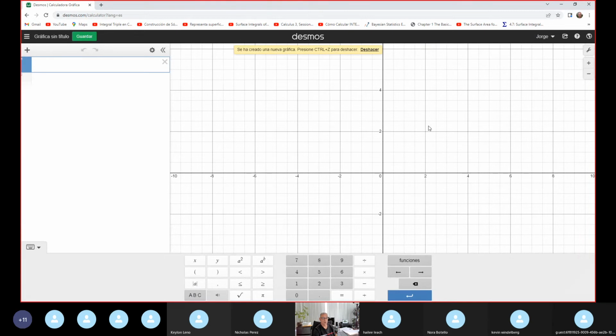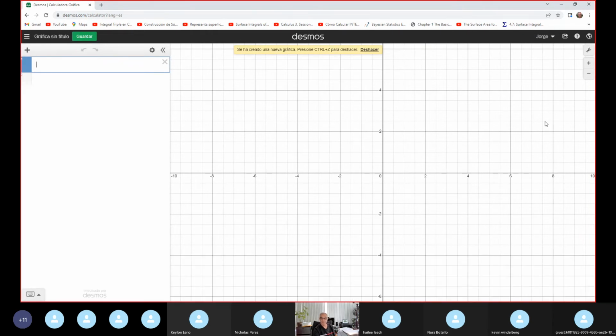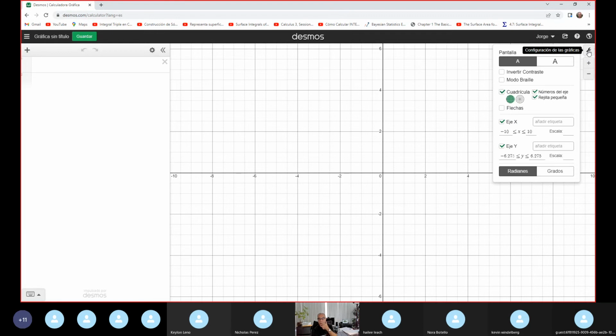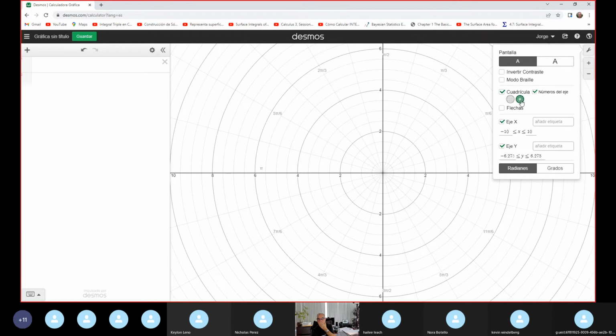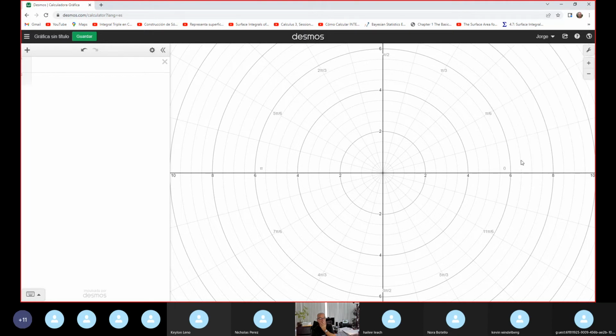Now, for example, you go to this configuration and you select polar. Boom. Do you see that? Yes. And you select radian or degree, whatever you want. Let me use radian because the problem we were doing before is in radian.